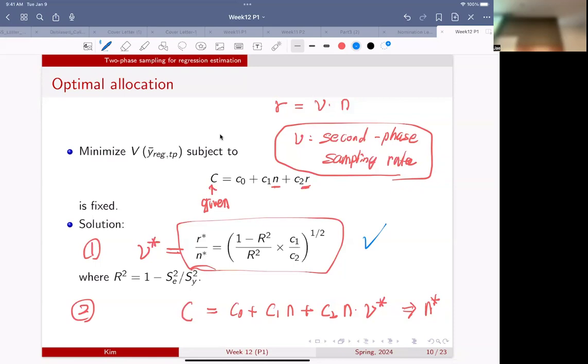Because the idea is to reduce the cost. So if this is expensive, that means we should give a higher rate.